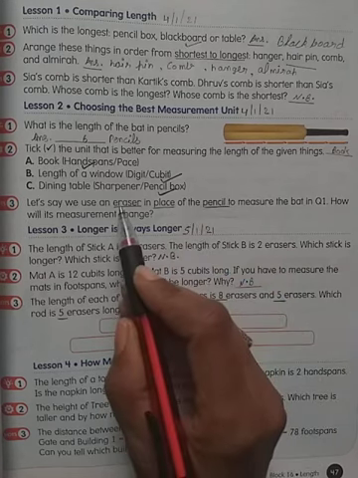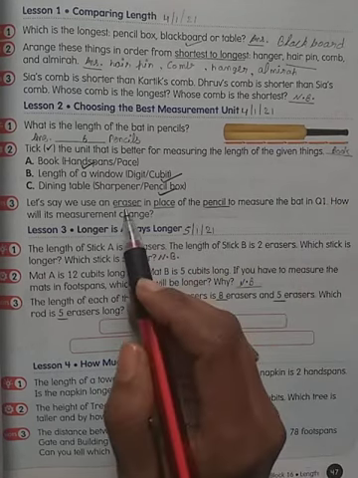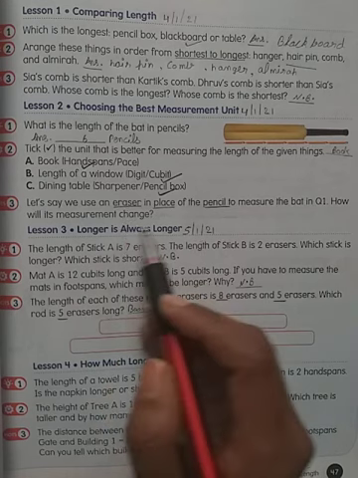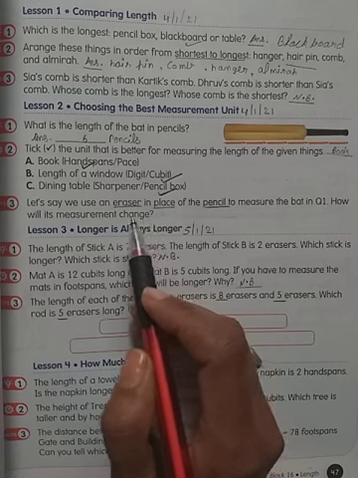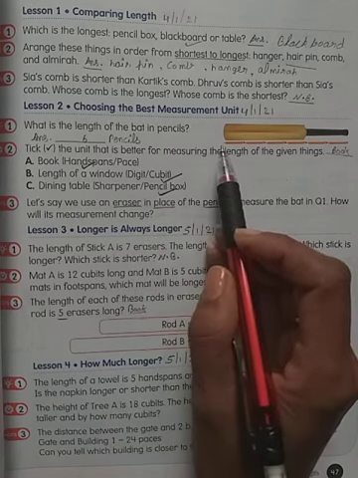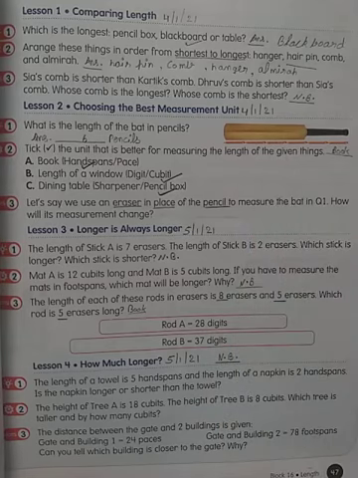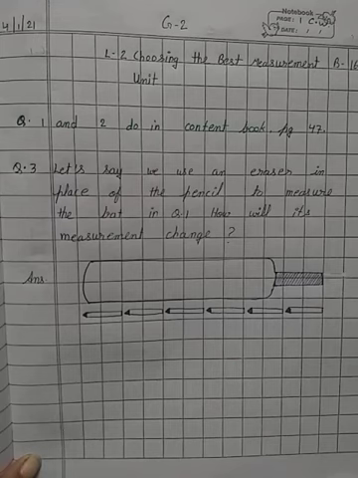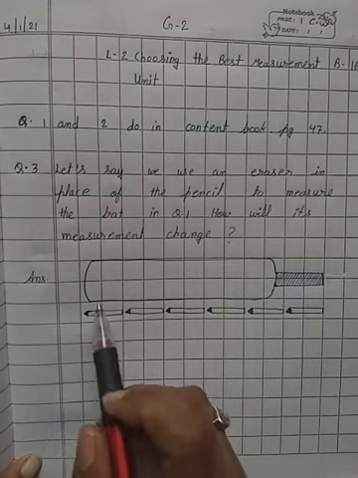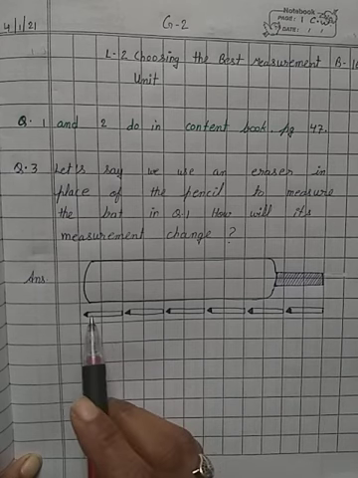But now we will measure the length of the bat with erasers. How will its measurement change? That means how many erasers we have to use to measure the length of the bat. We will solve this question in our notebook.